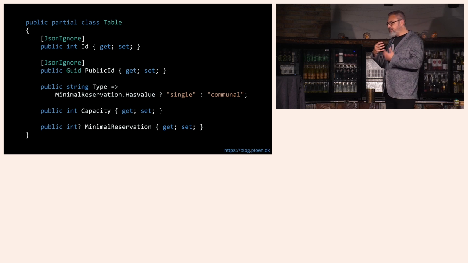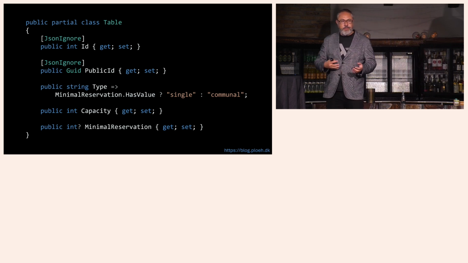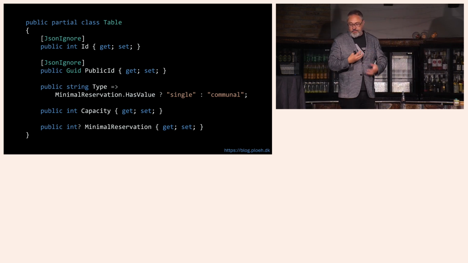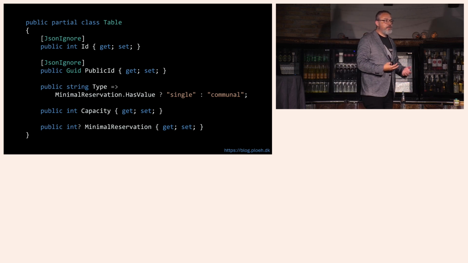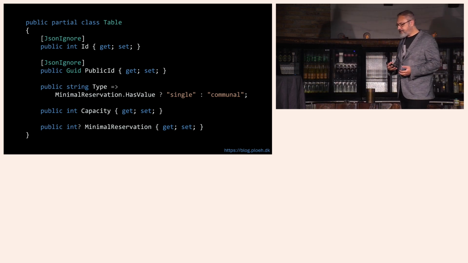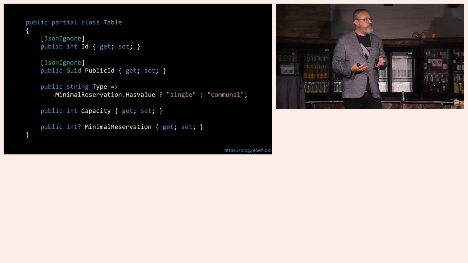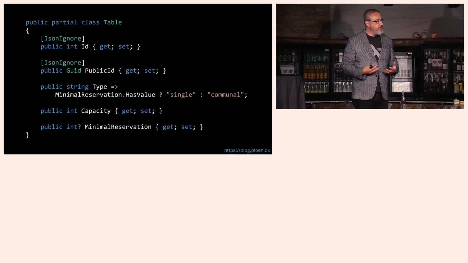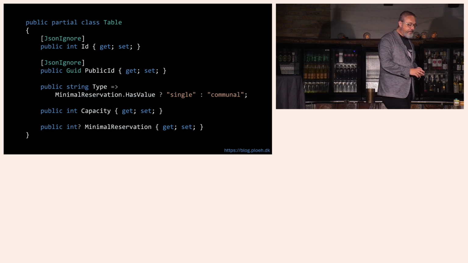We have very little domain logic, in the sense that we're just using whether or not minimal reservation has a value to infer whether this is a single table or a communal table. In this case, I could get by with just doing this kind of inference. But if you have something where inference is not enough, you may need to actually save a type discriminator as a column in your table. So that doesn't really change the overall story there.